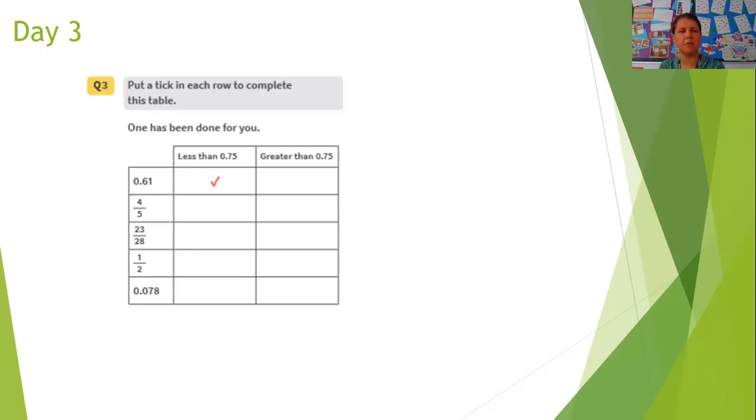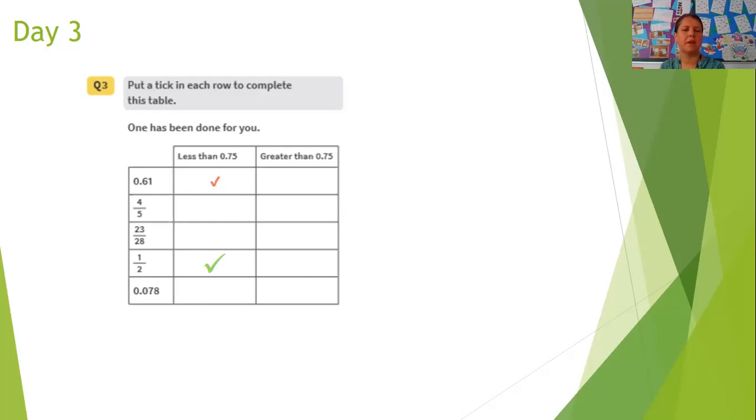Now, you might want to work through these in order, starting with the second one, but what I always like to do with these is look at them and say, right, are there any that I know? Now, hopefully you can all spot half there. I know that half is 0.5, so I know that that is less than 0.75, because I've only got 5 tenths in half and there are 7 tenths in 0.75.